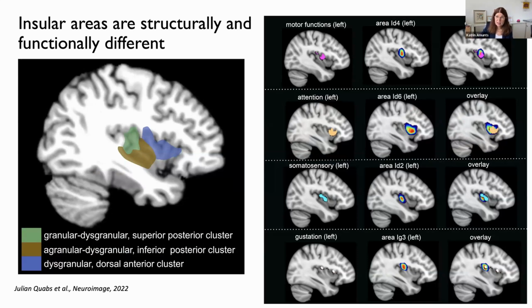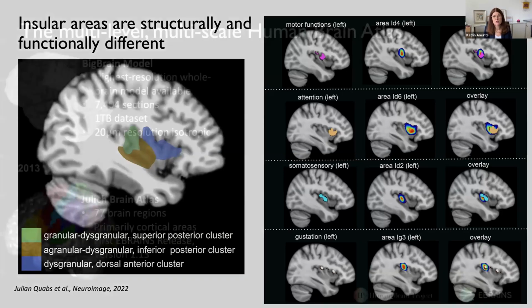So we see a very clear mapping of functions that can be recorded in fMRI experiments, for example, to cytoarchitectonically defined areas, and we see a disadvantage if all these different functions are subsumed just under the label insula. The functional imaging community also does not get to the next step if the anatomy is so rough. So we feel it's really important to be precise in terms of anatomy.